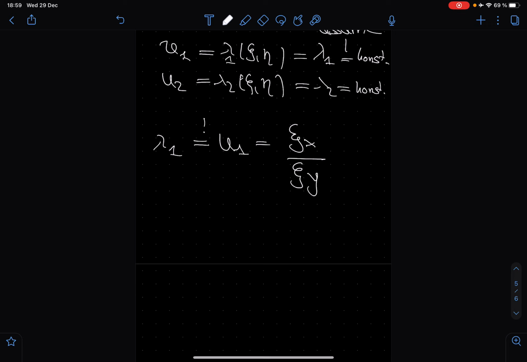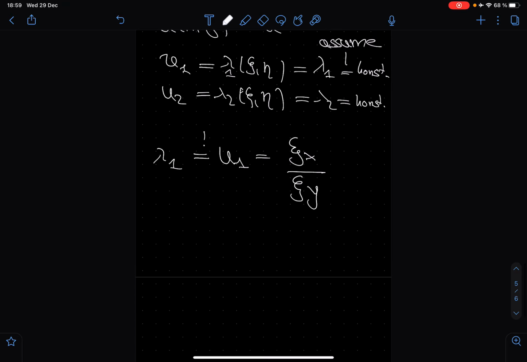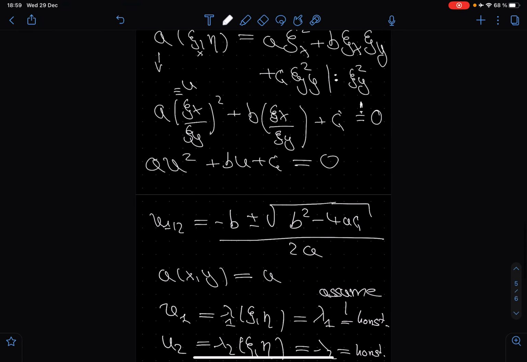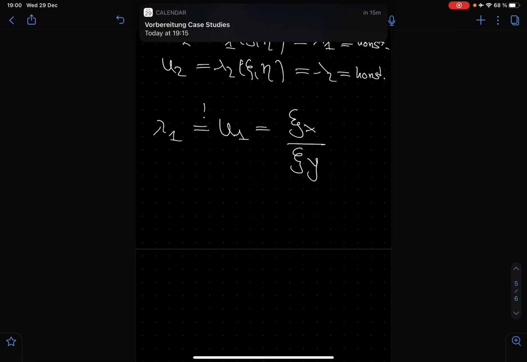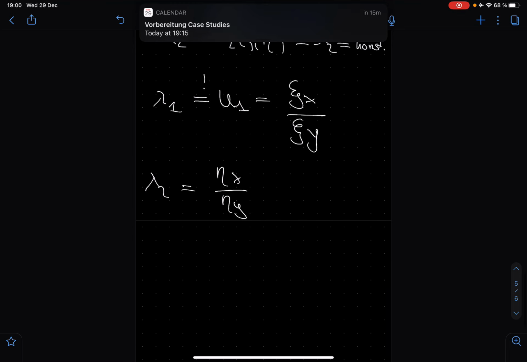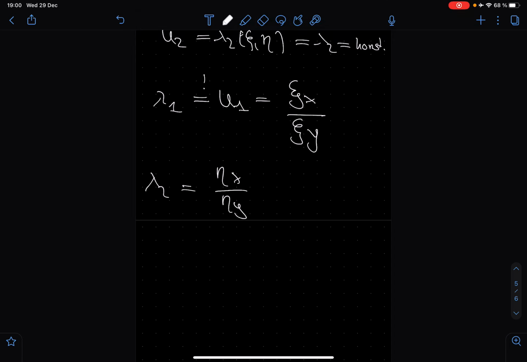All our ξ's and η's have to fulfill this equation, so that a hat will always vanish. In order to vanish all the time, we have to have such functions. The same is valid for η. And that's actually a really easy partial differential equation.